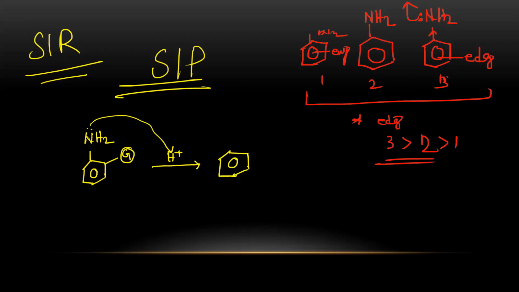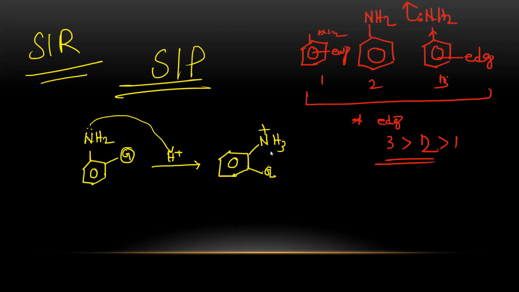So our conjugate acid will be NH3 plus, and this is the group G. Now what will happen? Initially there were 2 hydrogen, and now here is 3 hydrogen. If this G group is bulky, then what will happen?